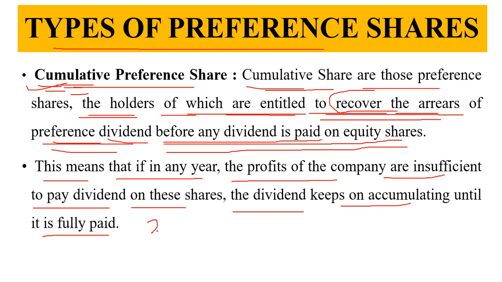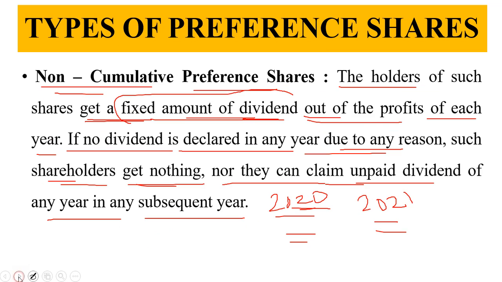Now in 2020 the cumulative preference shareholder did not get any dividend because the company did not declare any, and in 2021 the company declares the dividend. So the cumulative preference shareholders will get the dividend of 2020 and 2021 also. But non-cumulative shareholders will not get the dividend.